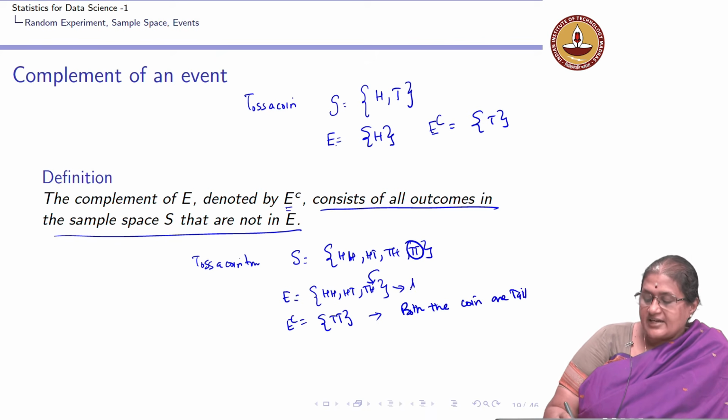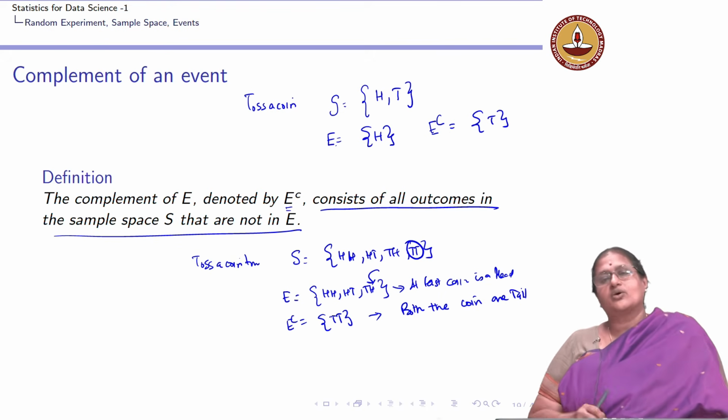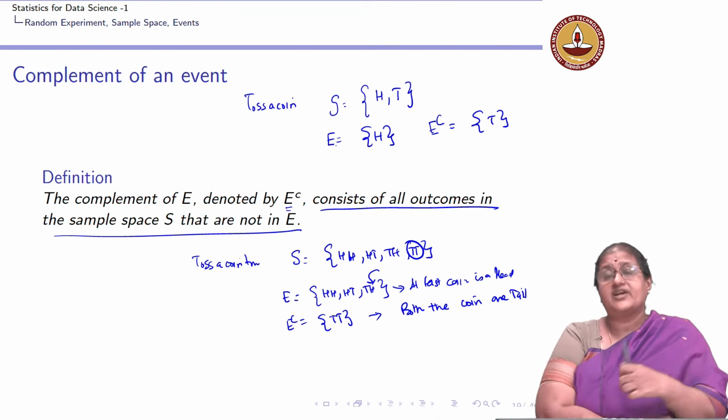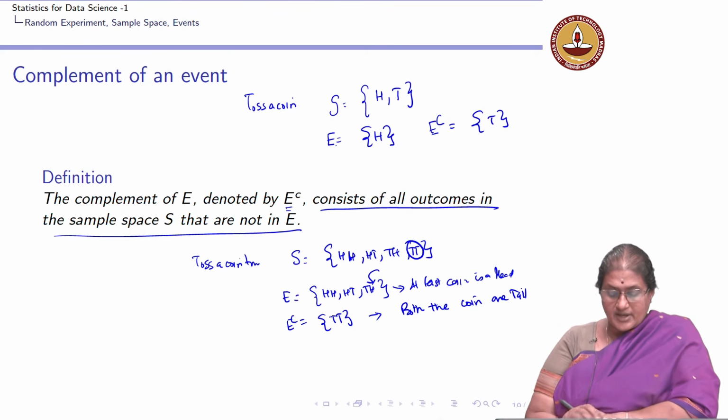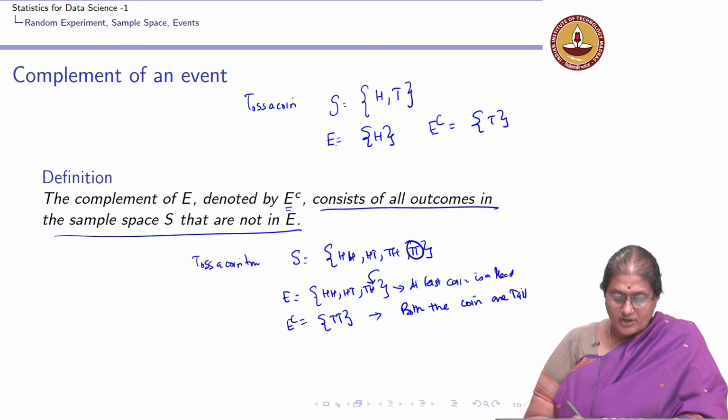Now, this is at least one coin is a head. So, the complement of E is both the coins are tail. So, you can see that this is a very important operation, and how we have represented this operation also.